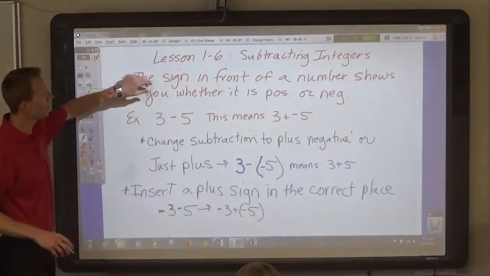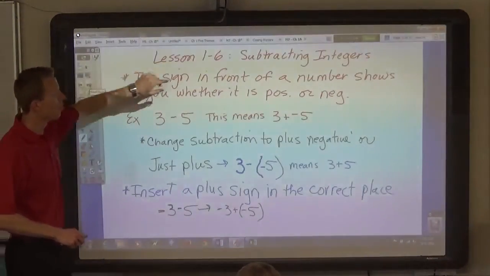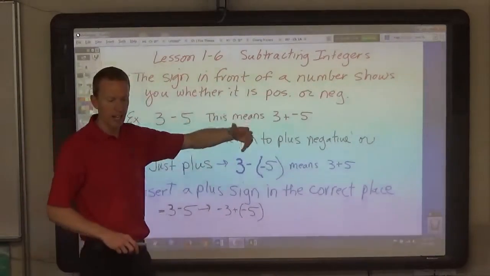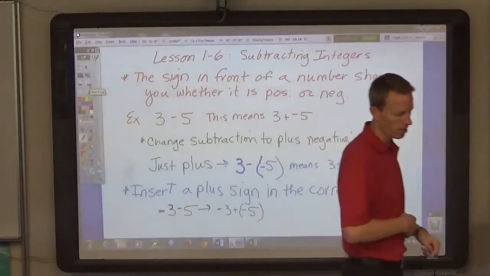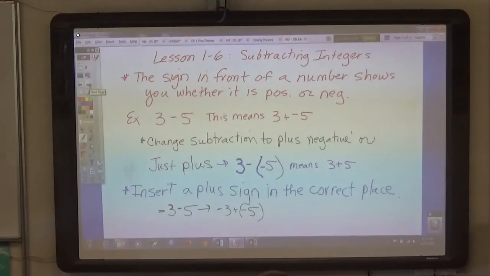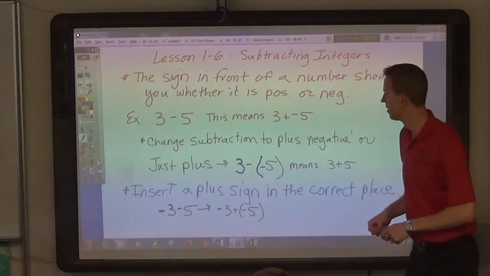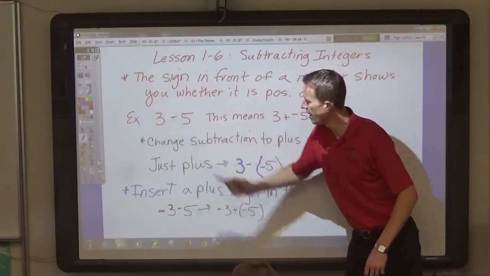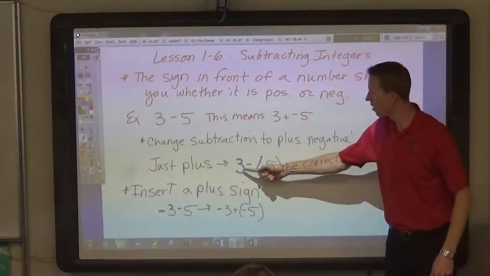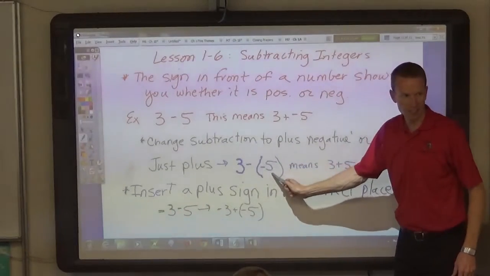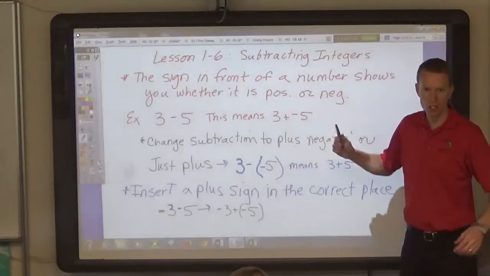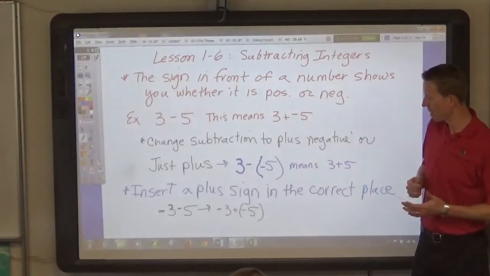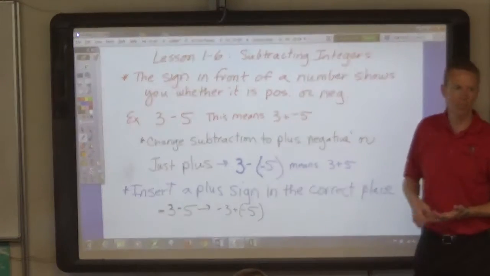For subtracting, you need to put a plus sign into the subtraction equation. So you make it plus negative, like this. 3 minus 5 becomes 3 plus negative 5. Or, if it's minus minus, you change it to just plus. Minus minus equals plus.